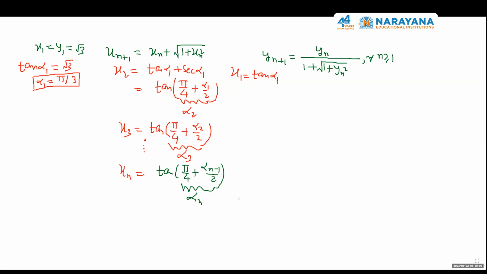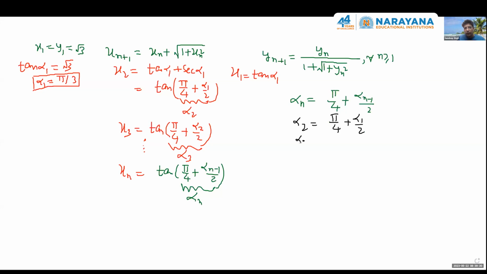Yes, sir. So now you can evaluate alpha n as a recurrence sequence. Alpha n is pi by 4 plus alpha of n minus 1 by 2. So basically we shall start with alpha 2. Alpha 2 is pi by 4 plus alpha 1 by 2.